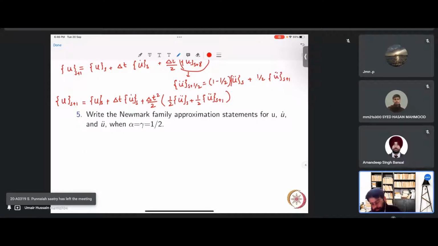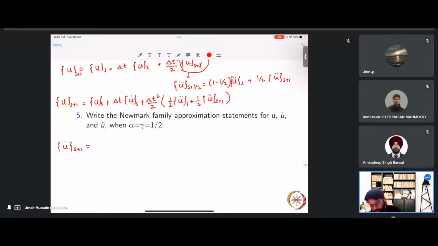For u dot s plus 1, we just take the derivative of the above statement. That gives u dot s plus delta t times u double dot s plus alpha, and this s plus alpha is again the same thing, s plus half, right?